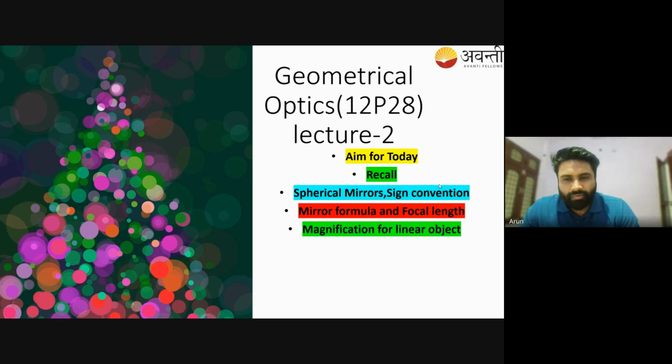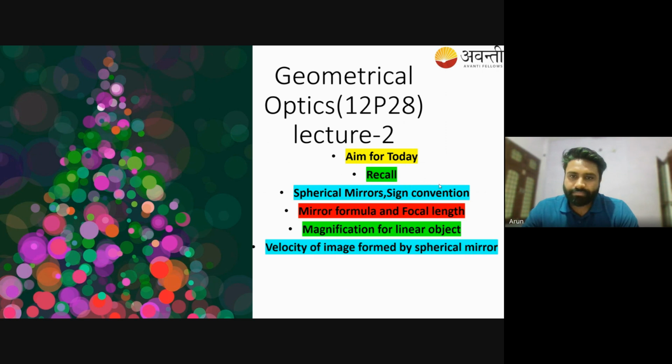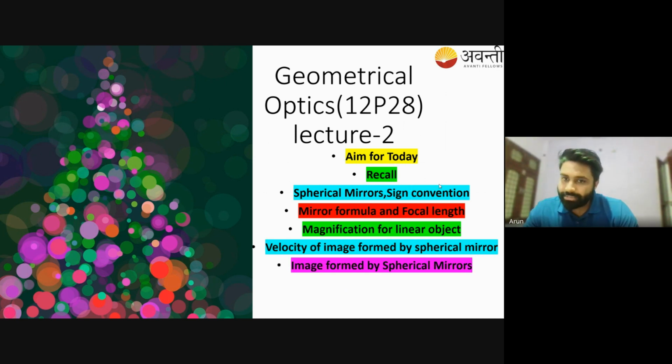Then we would focus on the magnification of a linear object. It is all about the spherical mirror. Then the velocity of image that we are going to focus on, although we have discussed it for the plane mirror also, but it is for the spherical one. So velocity of image here, we have now the image formed by the spherical mirror.